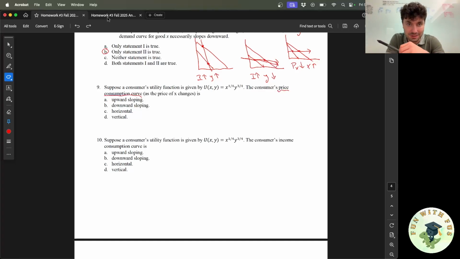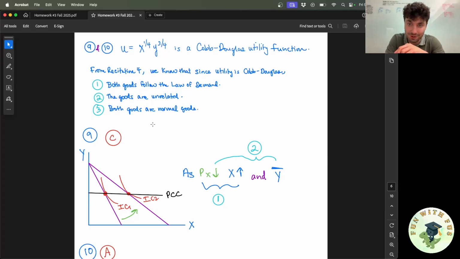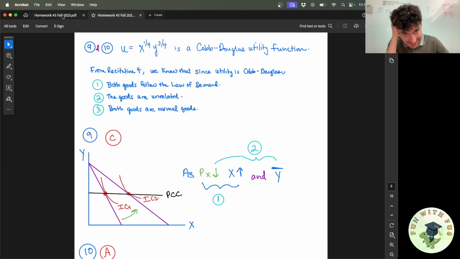However, I was pointed to the idea that from recitation 4, we got pretty standard knowledge of what Cobb-Douglas utility functions are. So if I just notice that these two are Cobb-Douglas because they're multiplied together, I have assumptions that you guys have learned that make the process easier, and I will just use those instead of making a giant page of deriving the demand functions.